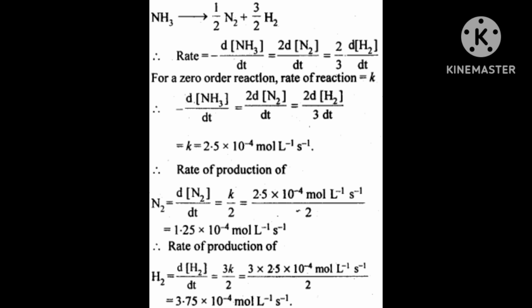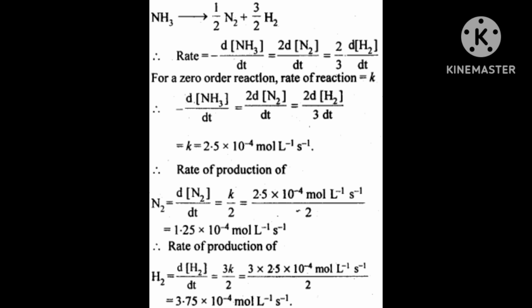Now one more graph I want to tell you. I told you how to calculate the rate constant k from the plot between ln r versus t.